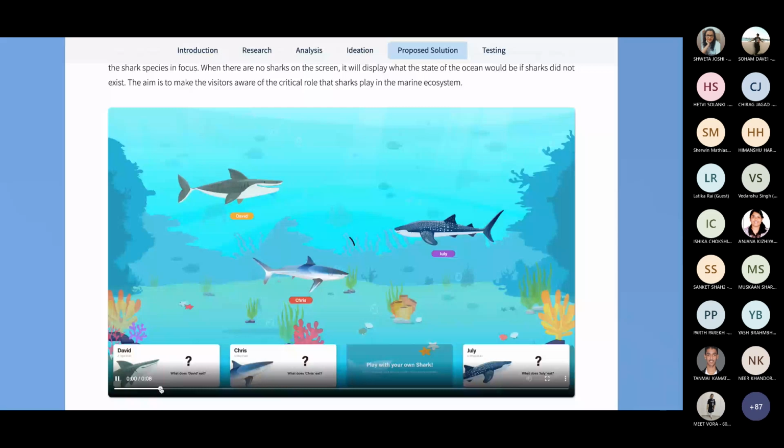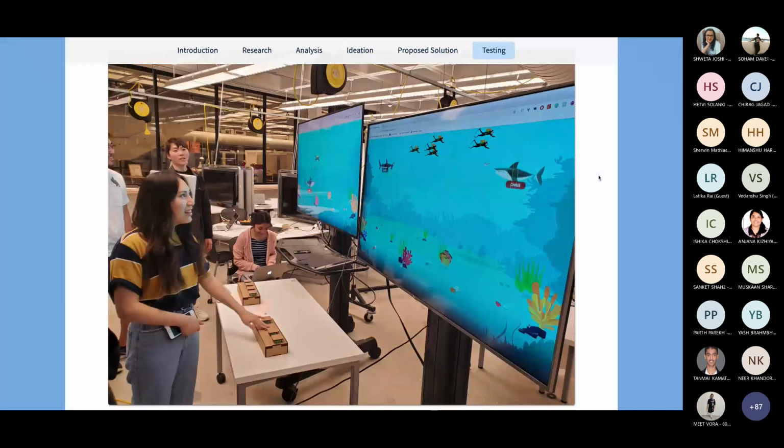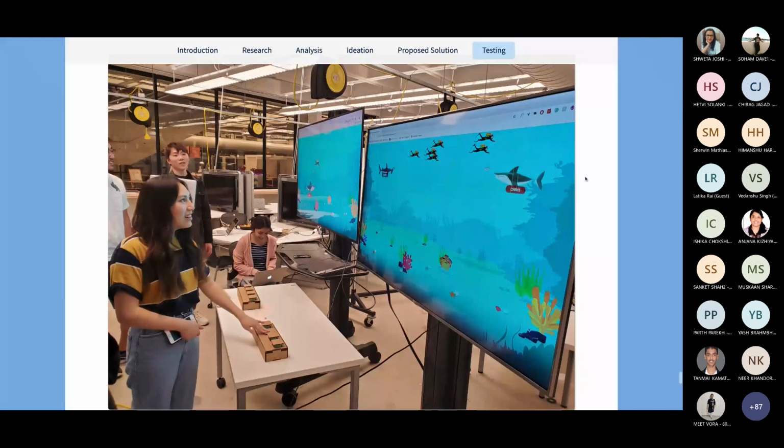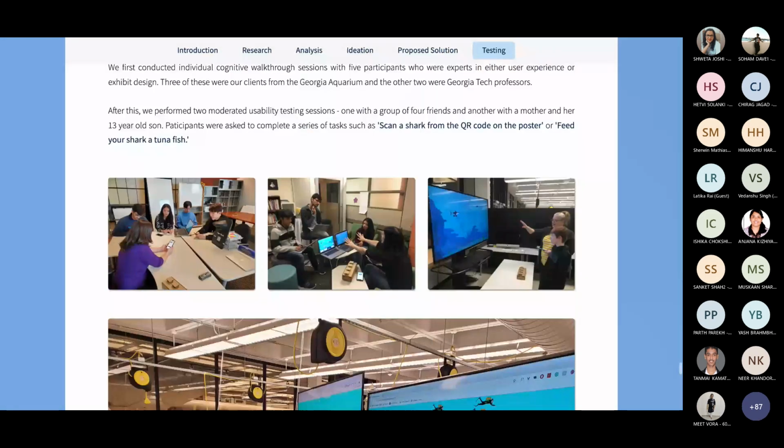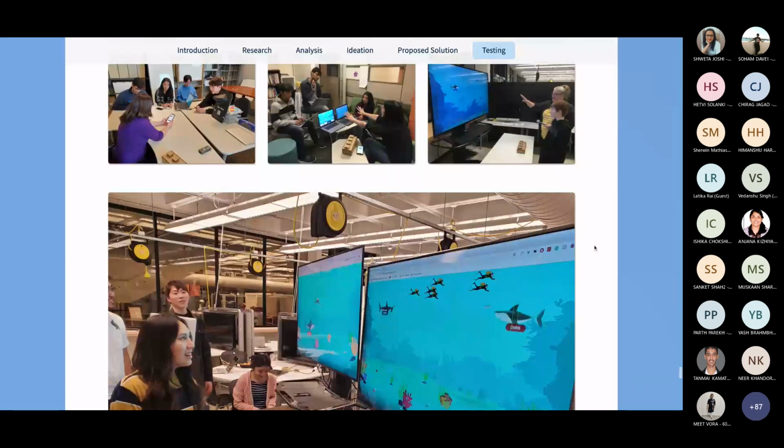So imagine this is an example prototype, and the screen would be even bigger in the aquarium. This is when we are very close to our solution or finished product and we're doing it at a much higher fidelity. And again, you see there's a mom and kid here testing our solution and telling us if it makes sense to them, if it's fun to them, things like that.